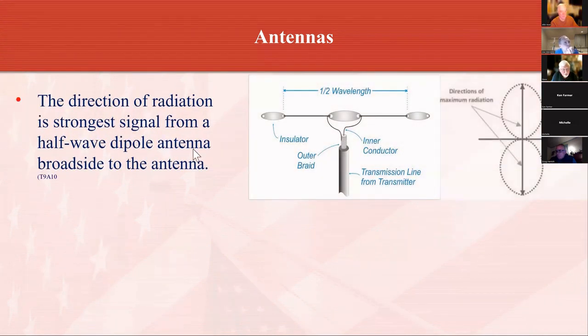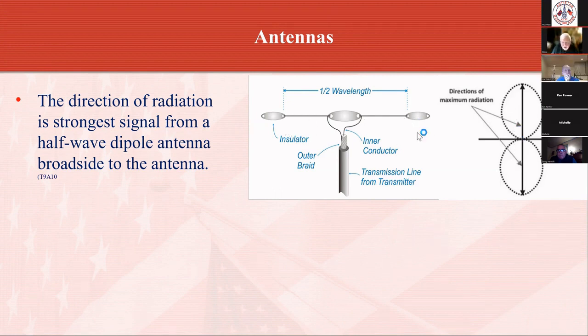And again, the direction of radiation is strongest from a half-wave dipole antenna is broadside to the antenna, which is what I just said. And again, the antenna is a half wavelength long.